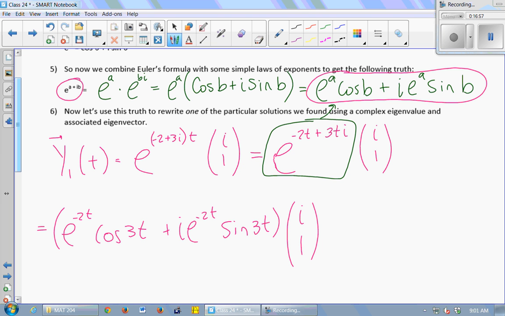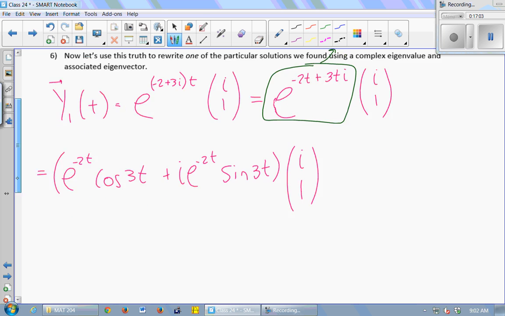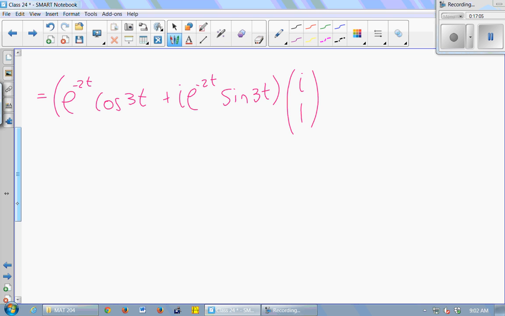All right, so now I'm just going to be doing some notation changes, distributing basic things, nothing fancy. I'm going to multiply this one big scalar, this thing in parentheses here, by both components in my vector. So this is going to become a big vector where I have i e to the -2t cosine 3t.